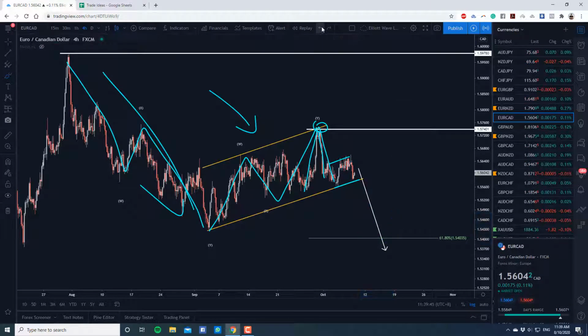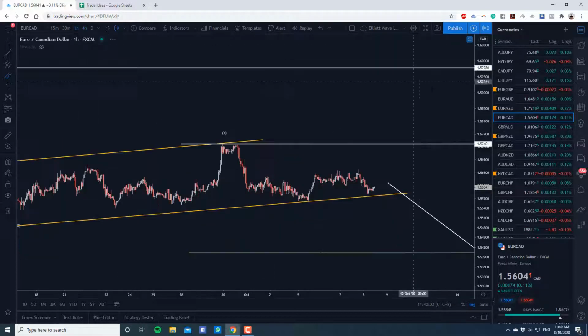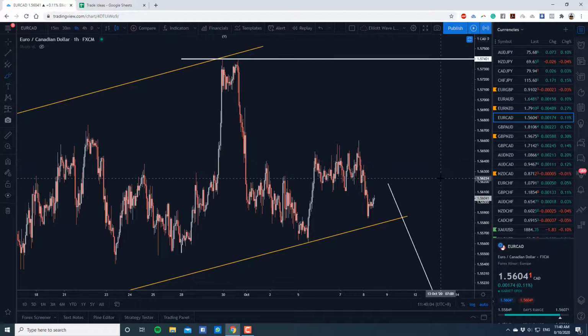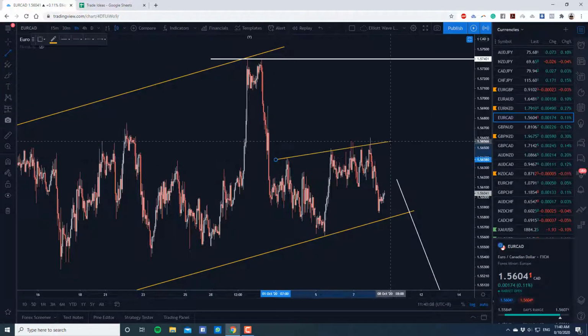So from the bigger time frame going down to the lower time frame, all these indications and the price development suggest the potential is looking for a sell trade. If I go down to the 1-hour chart, you can see the corrective pattern we identified on the 4-hour.